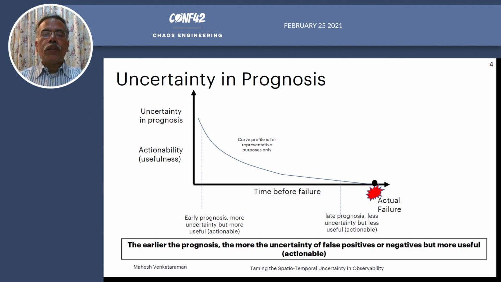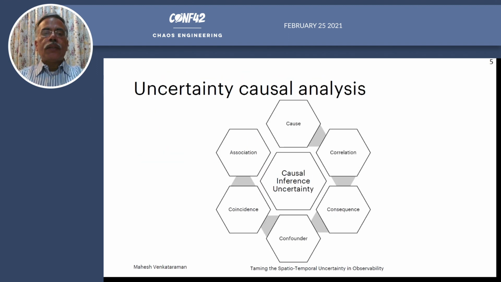Moreover, the longer the causal chain, that is, the spatial separation of original cause and its later effect, the more the uncertainty. In causal analysis, there is always confusion and uncertainty between what is cause, what is correlation, what is consequence, what is confounder, identifying coincidences, and what is association. There is always confusion between these various aspects and concepts.